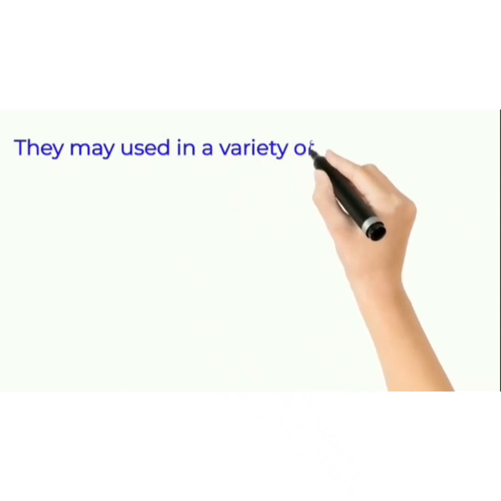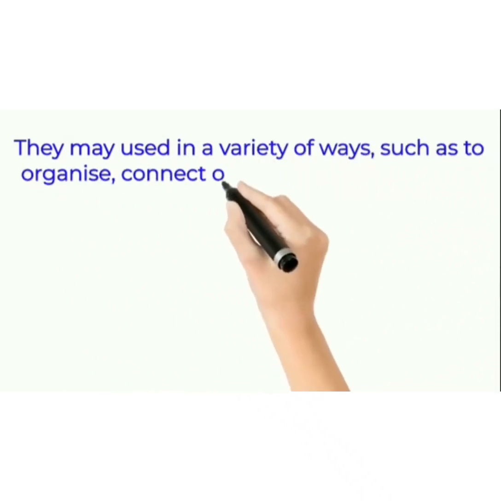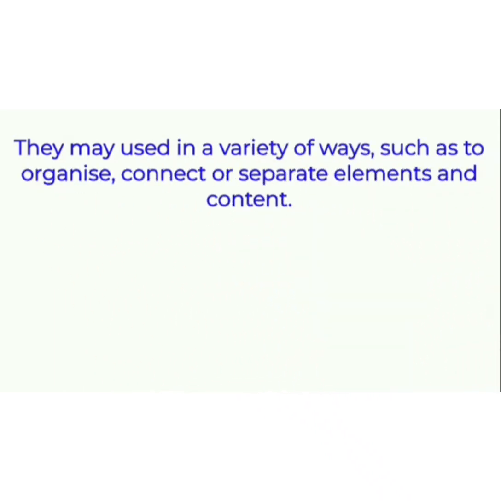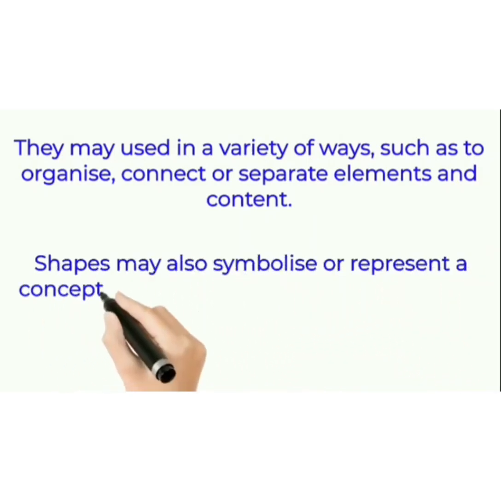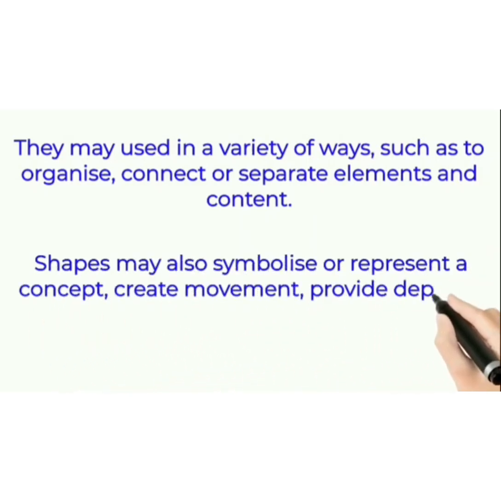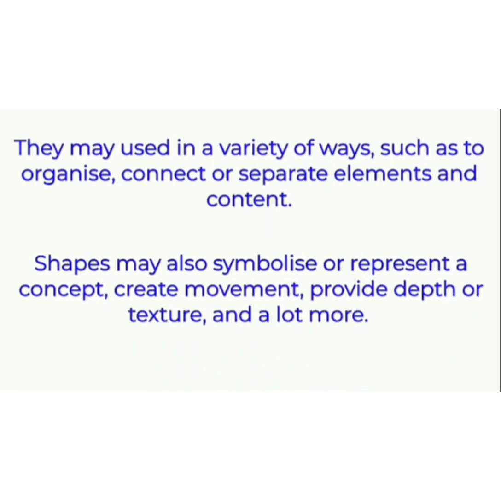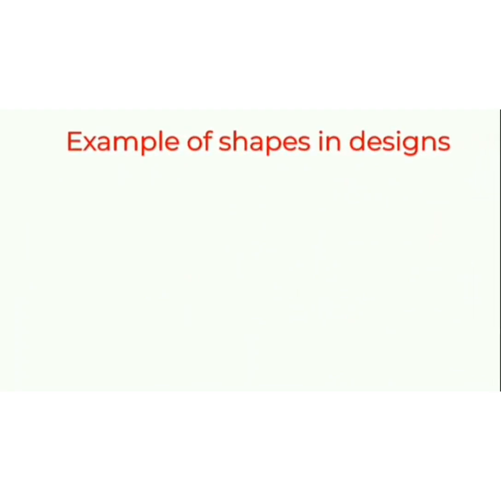They may be used in a variety of ways, such as to organize, connect or separate elements and content. Shapes may also symbolize or represent a concept, create movement, provide depth or texture, and a lot more. Example of shapes in designs.